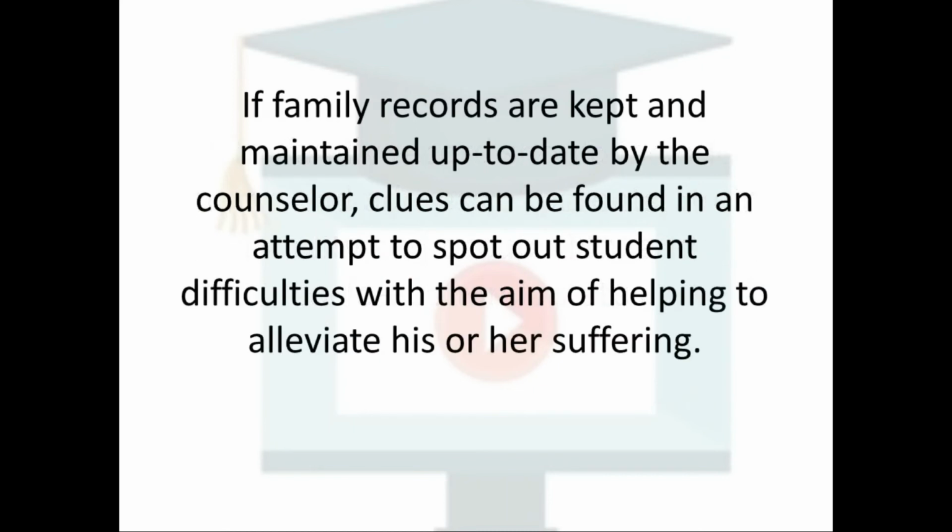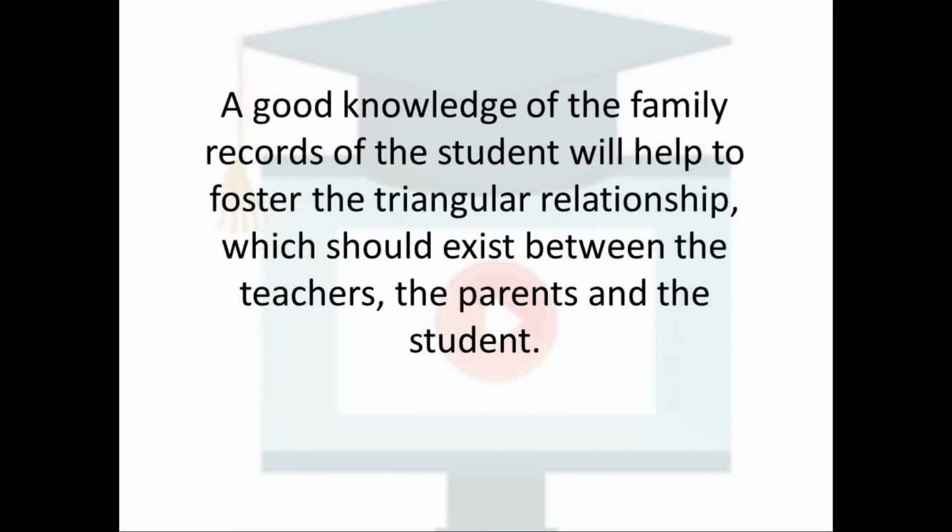If family records are kept and maintained up to date by the counselor, clues can be found in an attempt to spot out students' difficulties with the aim of helping to alleviate his or her suffering. A good knowledge of the family records of the student will help to foster the triangular relationship which should exist between the teachers, the parents and the student.